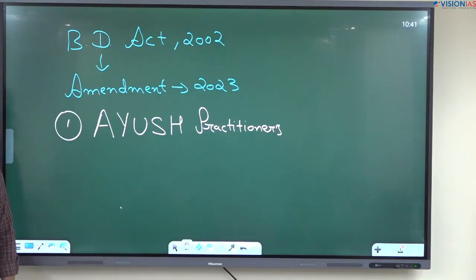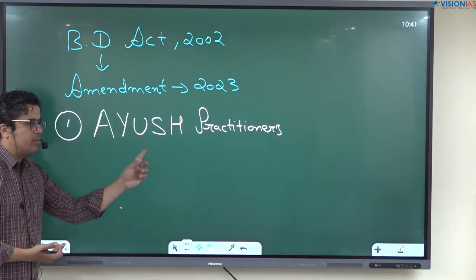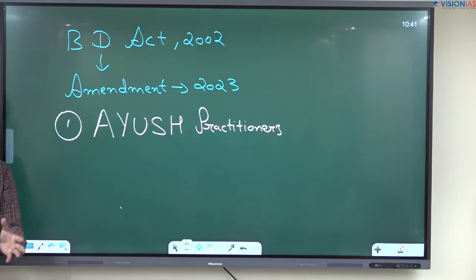Ayush practitioners. Ayush practitioner means those persons or doctors of Ayurveda, Unani, Siddha or homeopathy. These are medicinal systems. So those people who are into these medicinal systems, you call them Ayush practitioners.